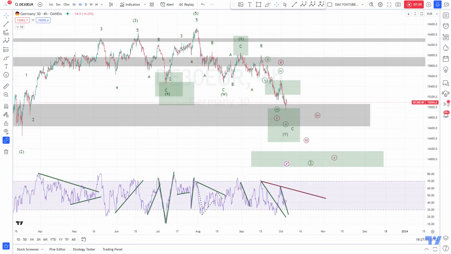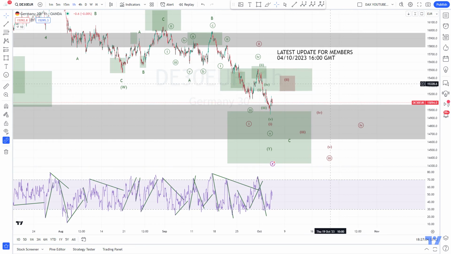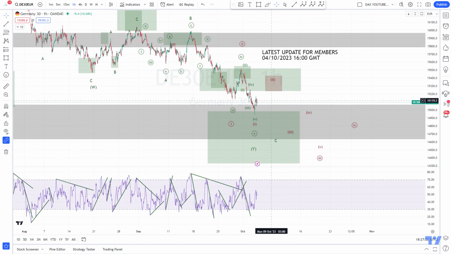Then if we look at the 1 hour, this fifth wave in the meantime also looks kind of complete. We also have 5 waves here, 1, 2, 3, 4, 5. However, here in the 1 hour, you could still make a case for this here, like 1, 2, that this is the wave 3.